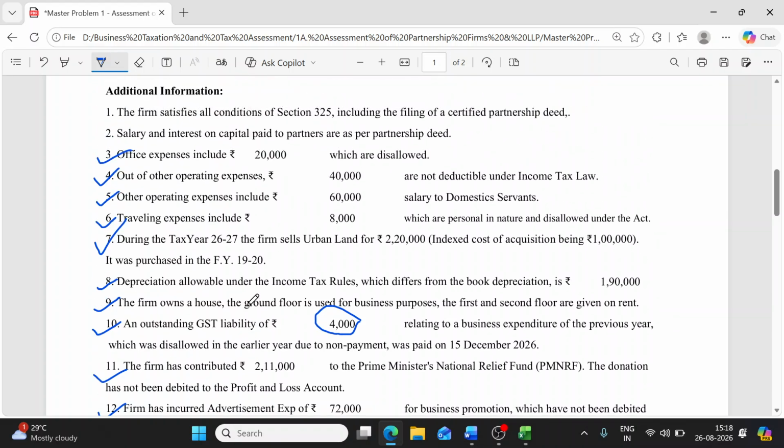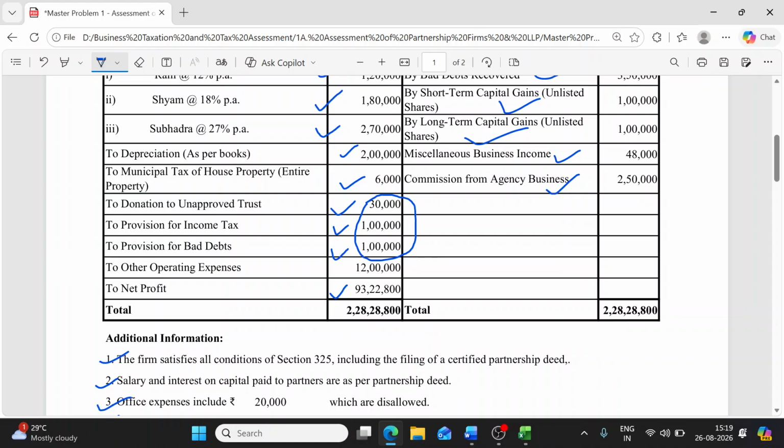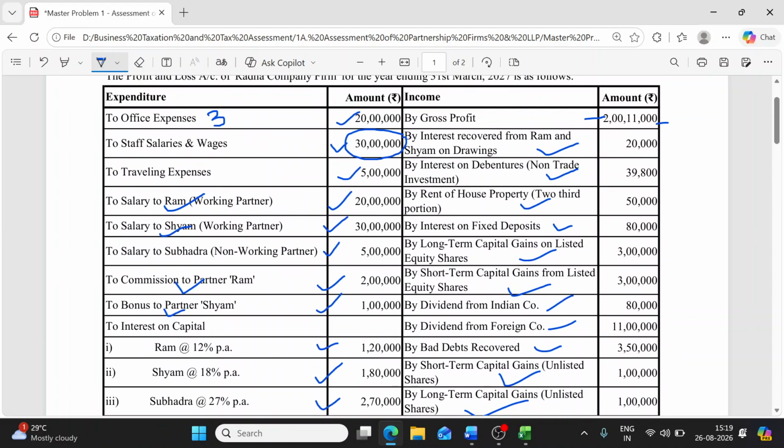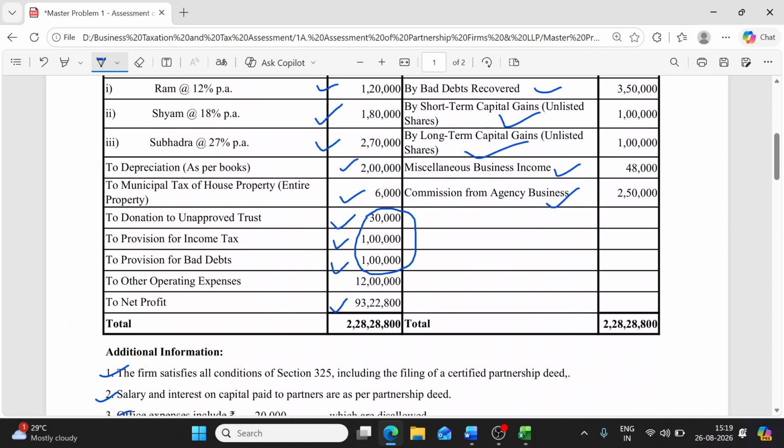Adjustments number 1 and 2 are just basic adjustments which allow us to do the tax calculation and total income computation. We have already considered all the adjustments, so there is no adjustment left to be considered for the computation of total taxable income.